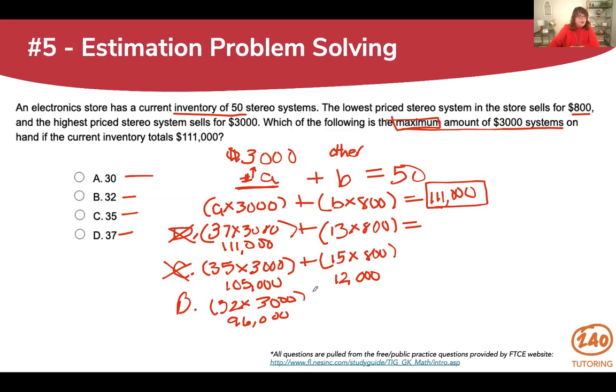And then I'm going to set this up. I know if I have 32, 32 plus 18 would give me 50. So I'm going to do 18 times 800. And I get 14,400.